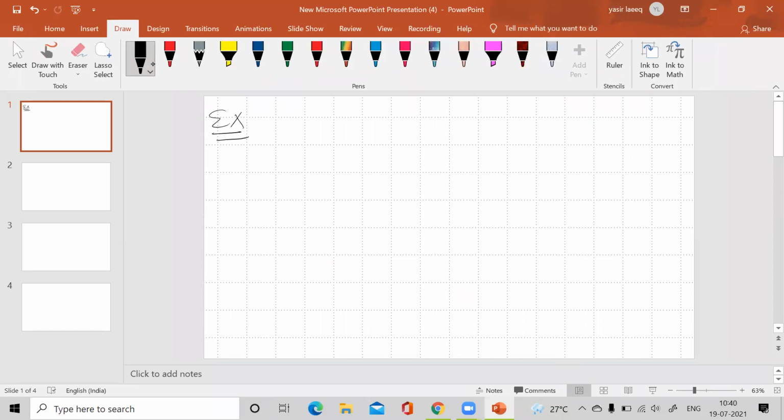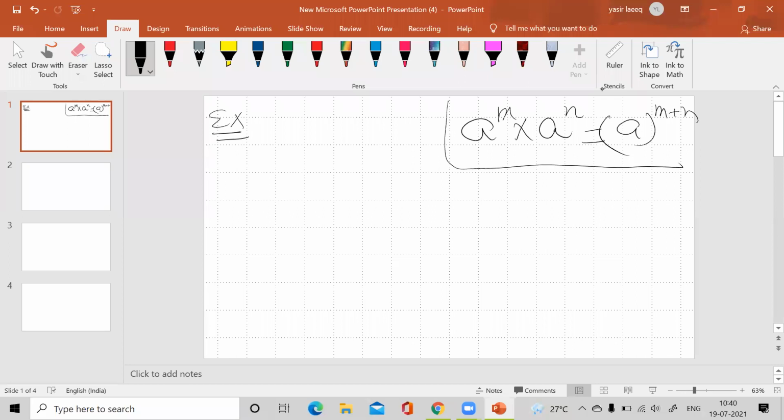Example. According to formula, you can say like this: if A is having a power m and another number A power n, then it is equal to A raised to the power m plus n. Another one is, for example, 5 raised to the power 4 into 5 raised to the power 8 into 5 raised to the power 3.